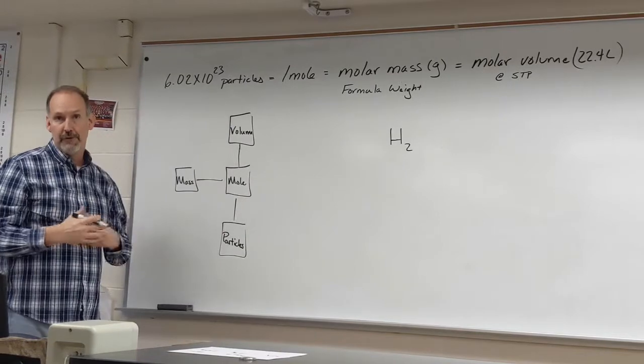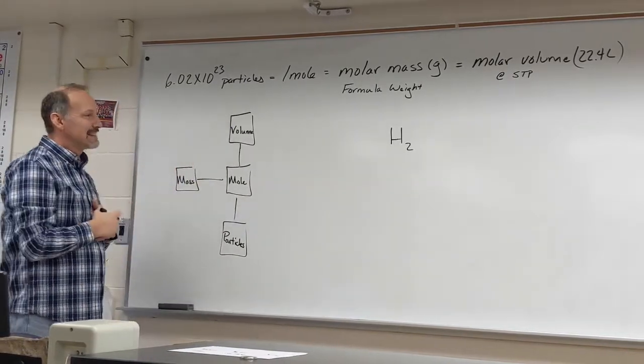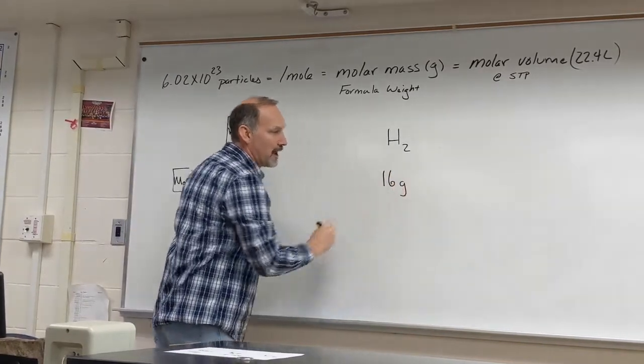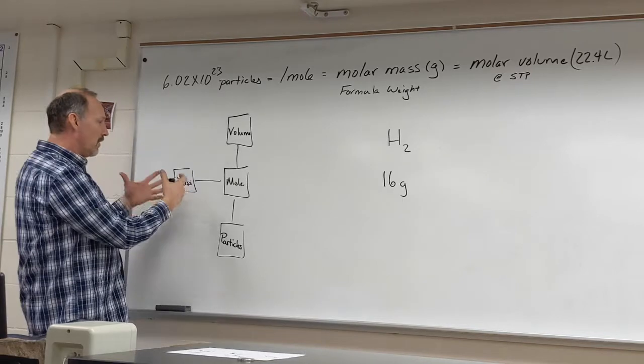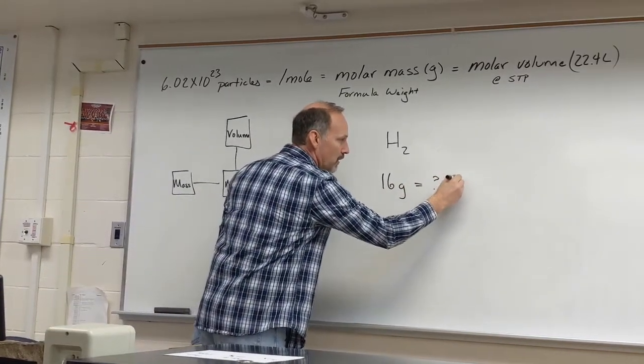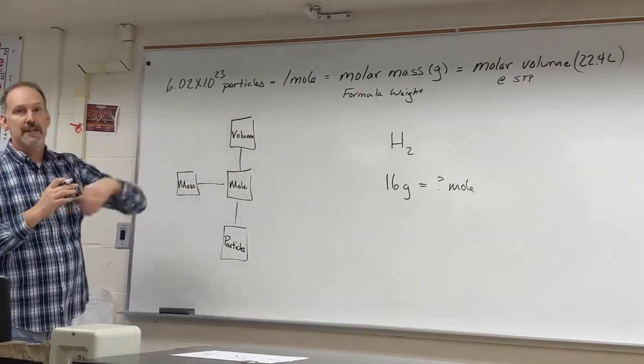And so we've had those numbers and we've been using them in our flow chart. We gave you a picture for the flow chart. We've learned how to convert numbers. So as an example, let's say we have hydrogen gas and we have 16 grams of that gas. And we wanted to know, how many moles is that? We taught you in the chart, you just simply need to use these as an equality.